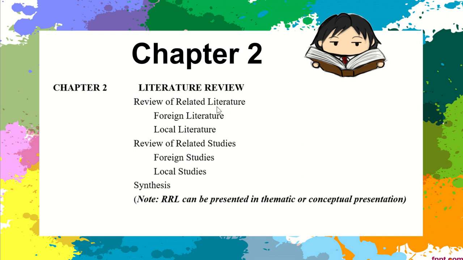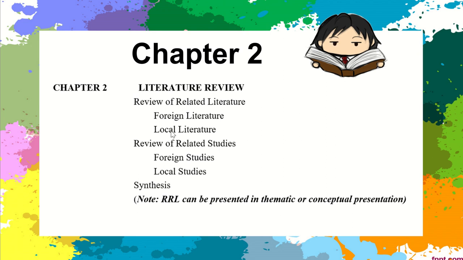This part defines, classifies, and facilitates objective comprehension of the variables being studied. Separate them as to whether the literature is foreign or local, meaning those from other countries and those you found locally.